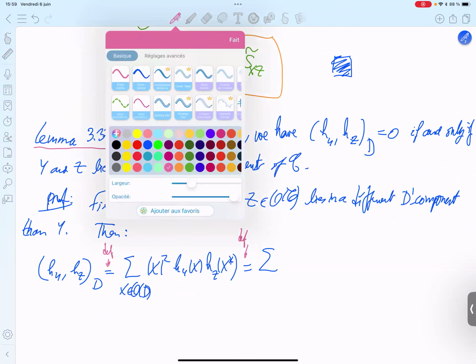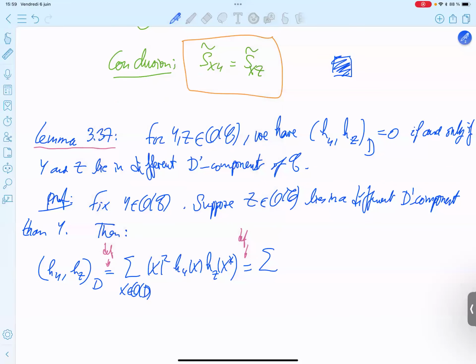This was the definition of the inner product, and here it will be the definition of the function h. So the sum over x of square norm of x, S x y tilde, S x star z tilde.